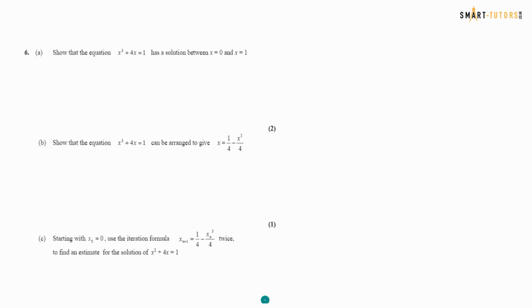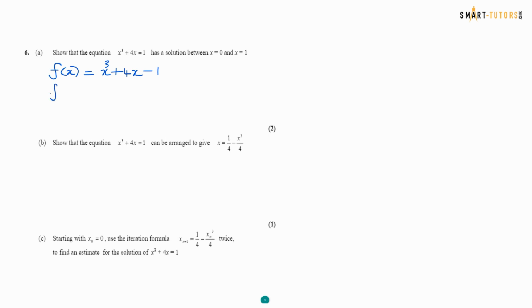Question number 6. Show that the equation x cubed plus 4x equals 1 has a solution between x equals 0 and x equals 1. All you want to do is define f(x), the function, which is x cubed plus 4x, and bring the 1 to this side, so minus 1.